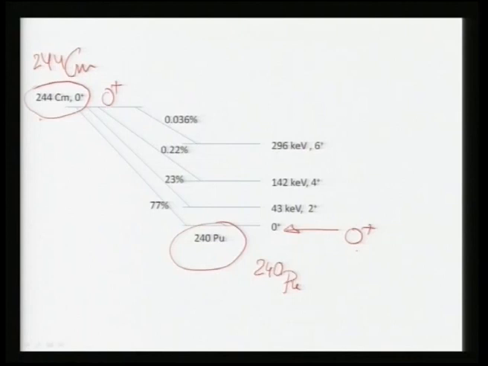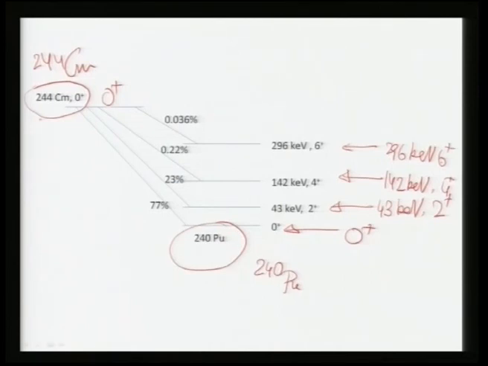And then the rotational energy levels are there. The first excited state here is at 43 keV, 2 plus. Then the second excited state is at 142 keV, 4 plus. Then you have 296 keV at 6 plus, and so on.